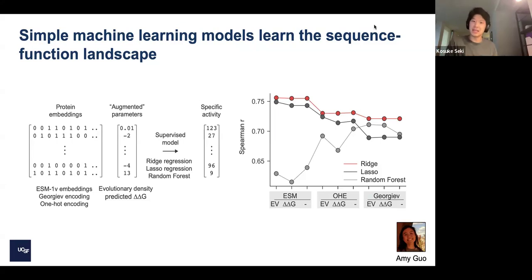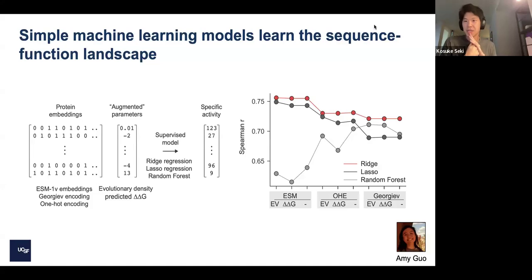Just the way we selected those residues might have contributed to that. And for similar reasons, it could be that these residues don't really contribute to the stability of the protein. So it might just be that, for our specific use case, the augmentation we chose didn't help. Yeah, that would be my hypothesis.